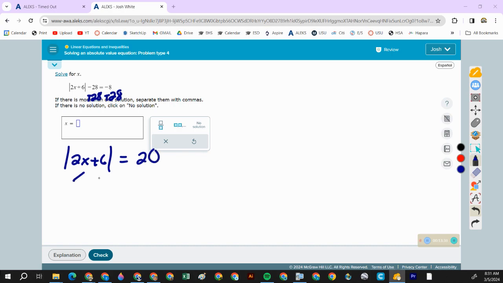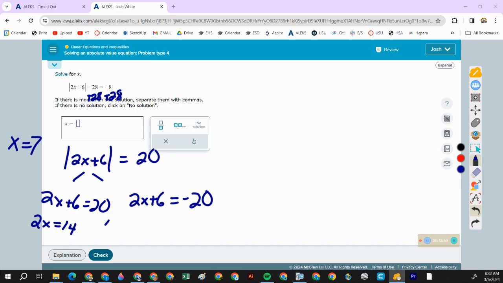Now we split. 2x plus 6 equals 20, or 2x plus 6 equals negative 20. So we subtract 6, 2x equals 14, divide by 2, x would be 7. Subtract 6, 2x equals negative 26, divide by 2, and I get negative 13.